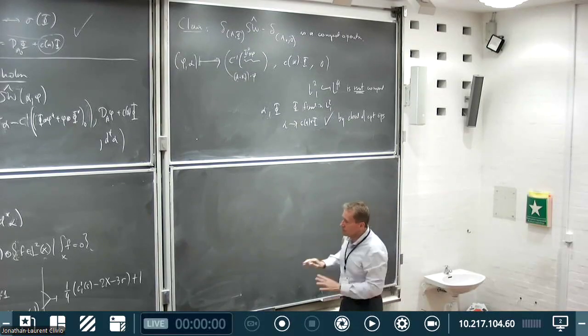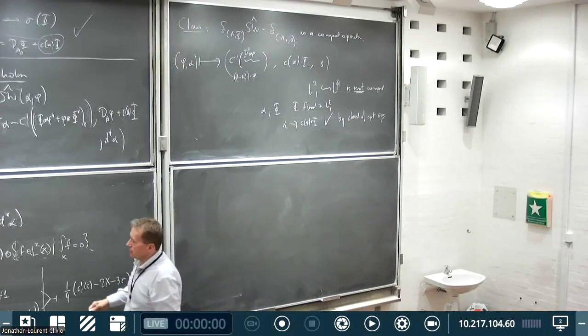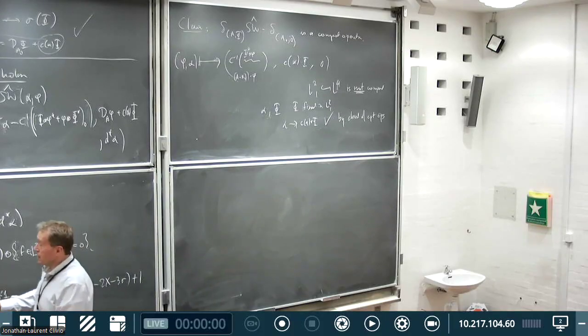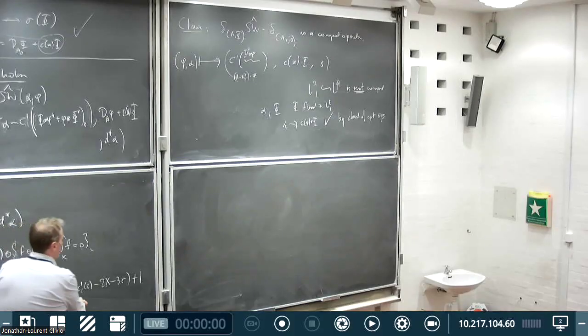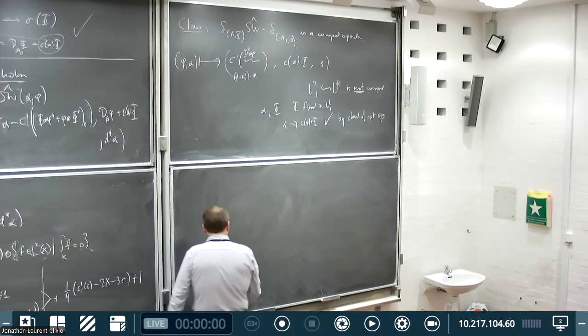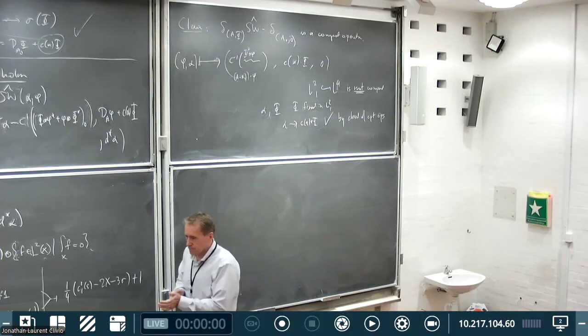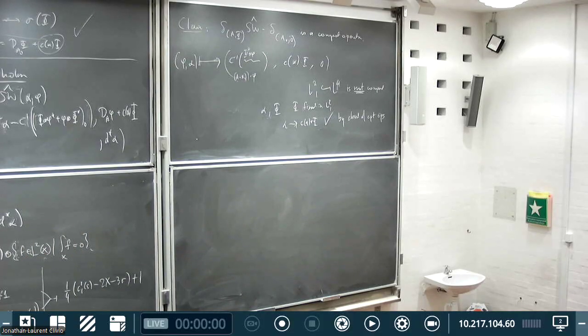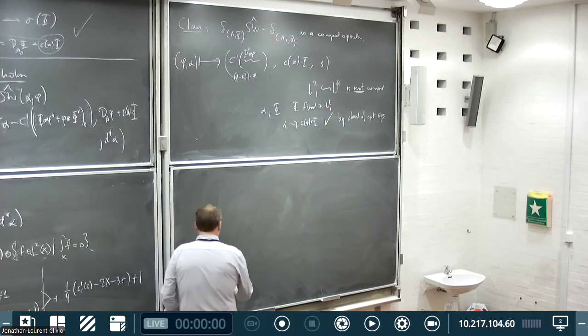So it is a Fredholm operator, a smooth Fredholm map, I should say. Its index is this magic number. Now what we want to do is, now we can make some definitions.